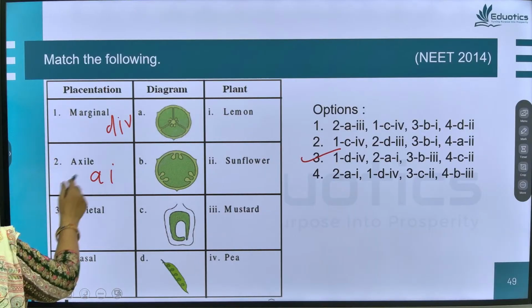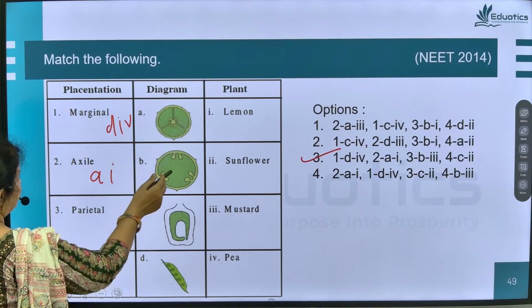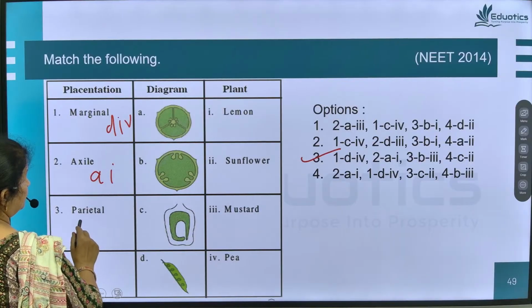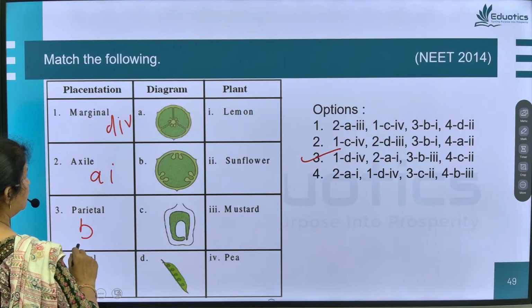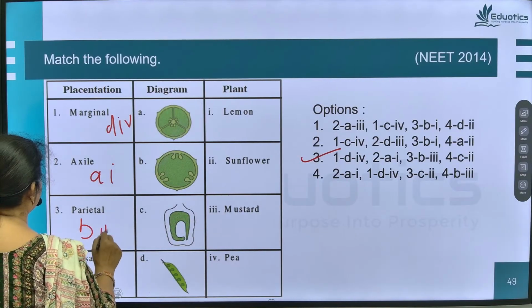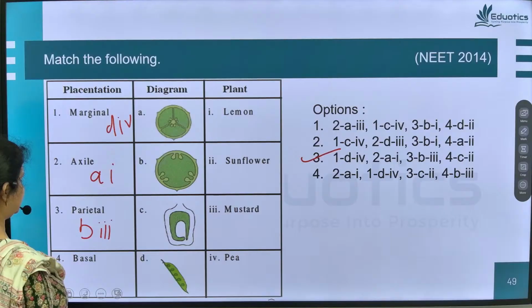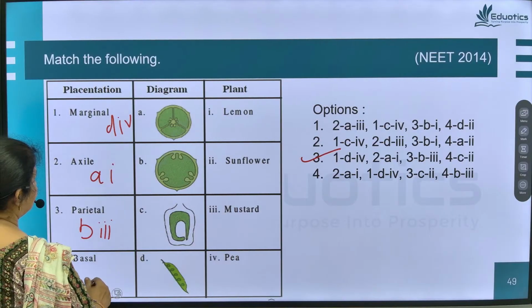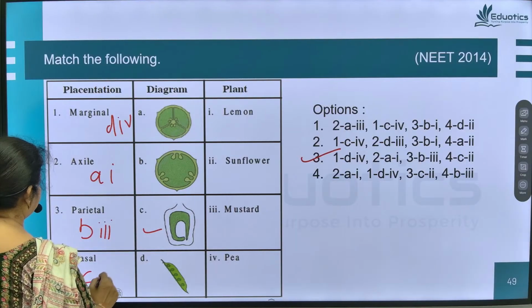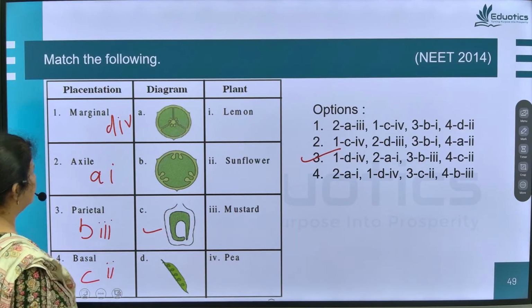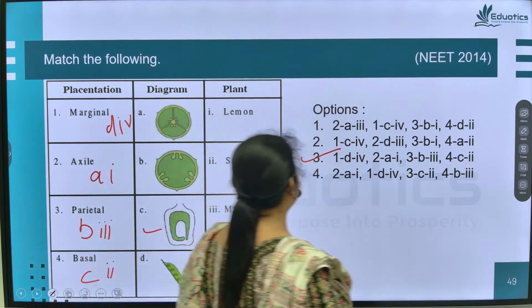This is axial placentation. This is parietal placentation. So third is B. An example is the family Brassicaceae, mustard. Basal, we can talk about C, and it is the sunflower. So of course the answer will be option third.